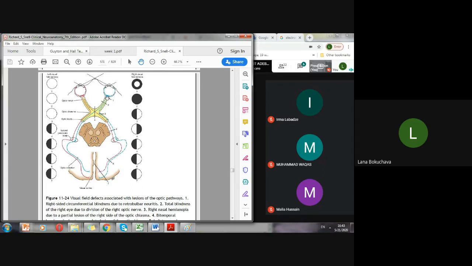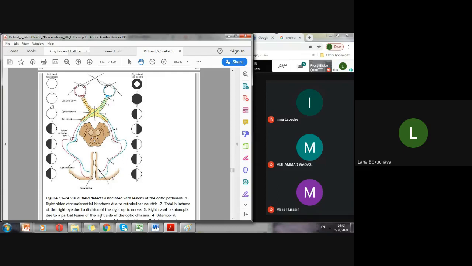If it's one, as you can see here, the right visual field will be defective, but the left visual field, if it's not also inflamed, should be normal. You see? This one is the most complex type of condition, this optic neuritis.